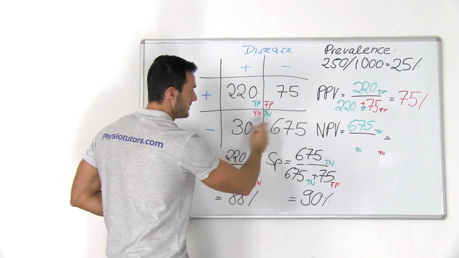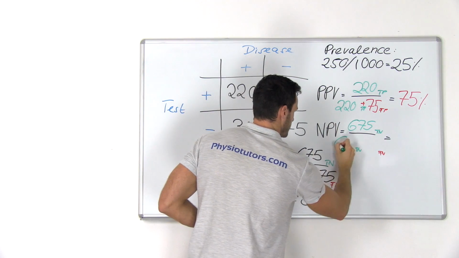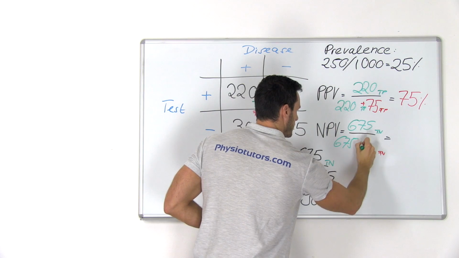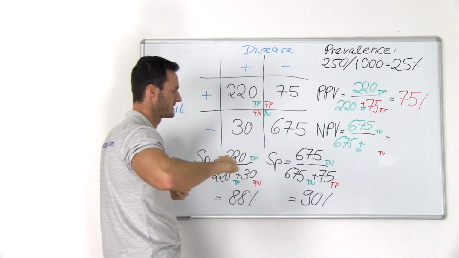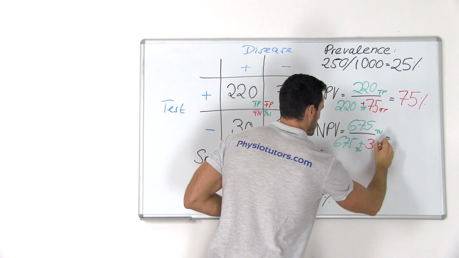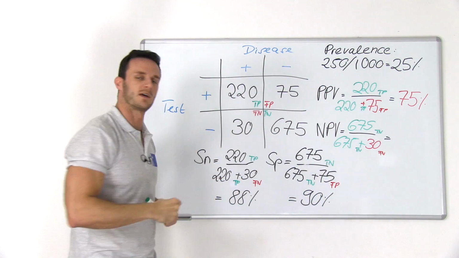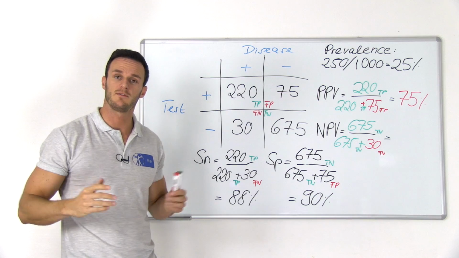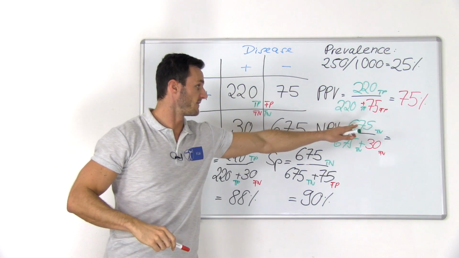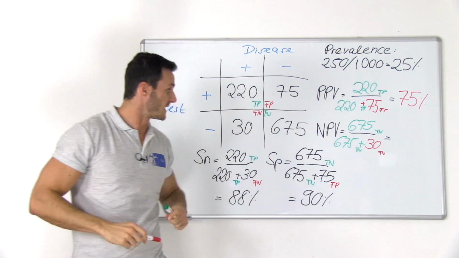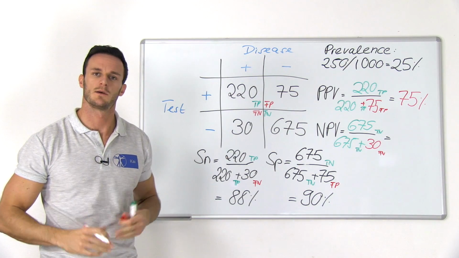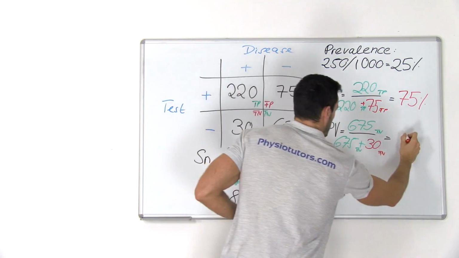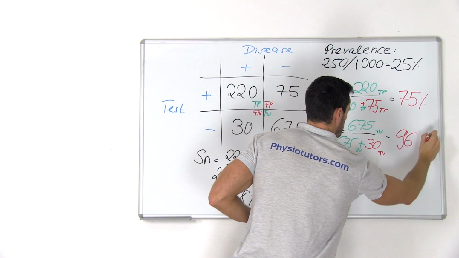So these two values, true negative, 675, plus all false negatives, which are 30 in this case. Then we're going to end up with an NPV of 675 through 705, which is about 0.96, so 96% negative predictive value.